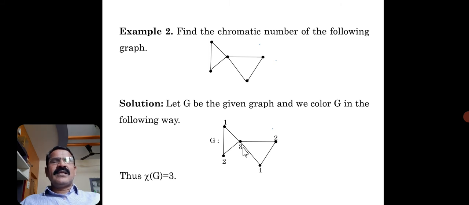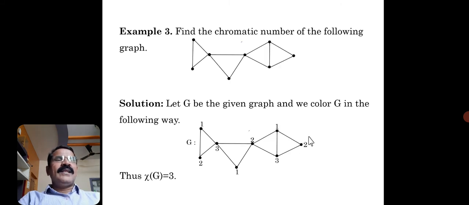So you cannot use the color 1 as well as color 3. You have to use another color, the previous color which you have used, 2. So in this way, if you color the graph by minimizing the number of colors so that the adjacent vertices are colored with different colors, then the chromatic number of this graph is 3.